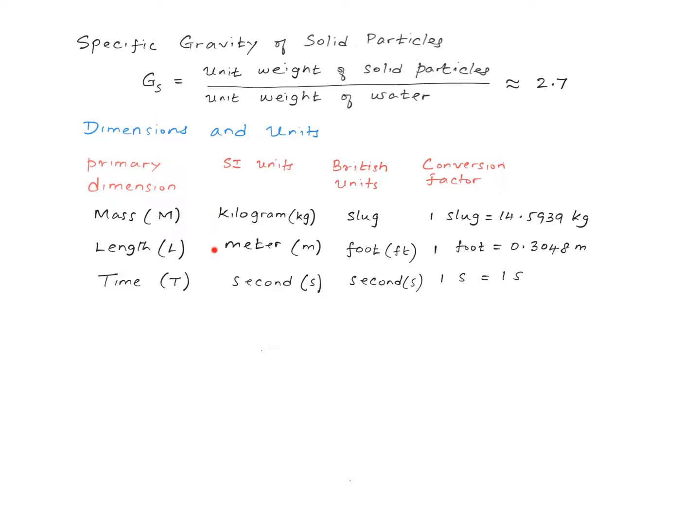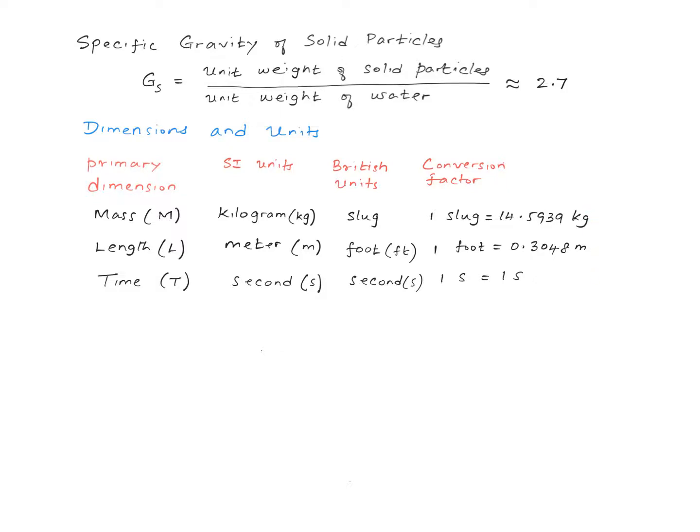And these are the standard units in these systems. For example, in the SI units, we measure the mass in kilogram, length in meter, time, of course, in second. In British units, we measure the mass in slug, length in foot, and of course the time again is second.